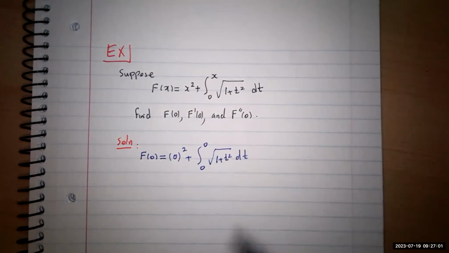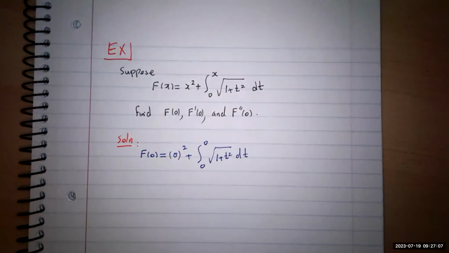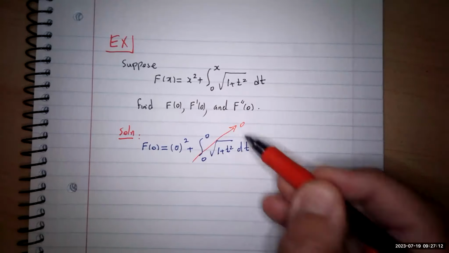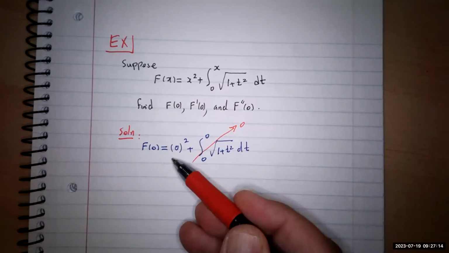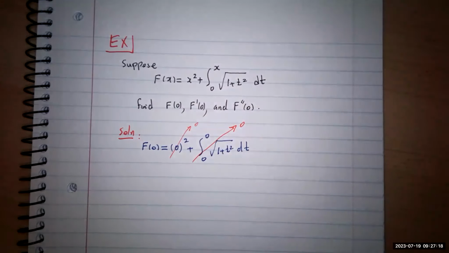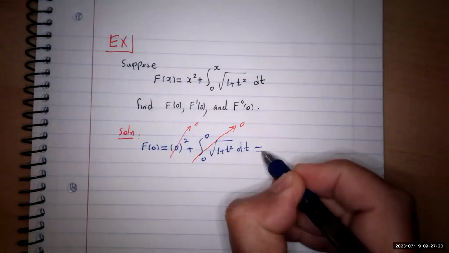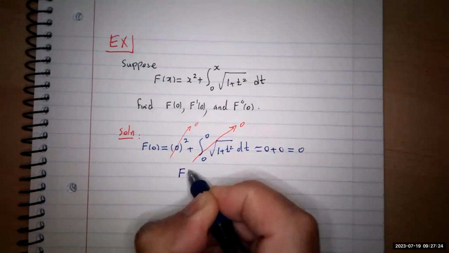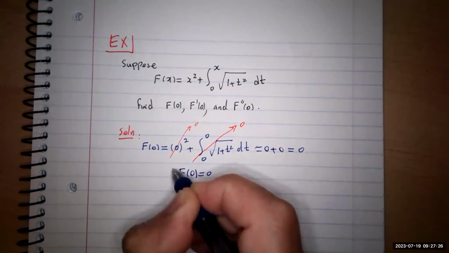You see the integral part, 0 to 0. If these two limits are the same, the integral is always 0. So that gives you 0, and the other part is also 0. So this is simply 0 plus 0, and 0 plus 0 is 0. So f of 0 is equal to 0.